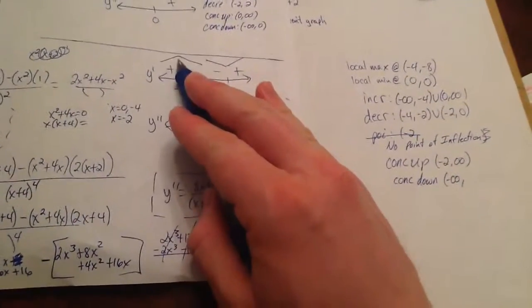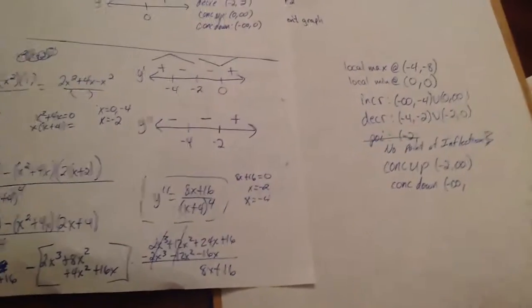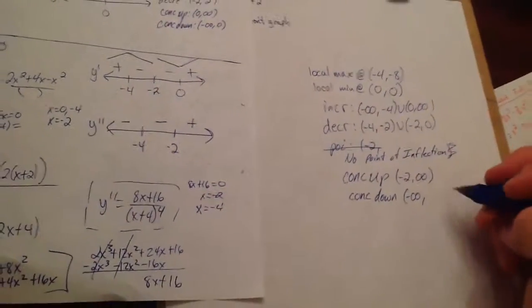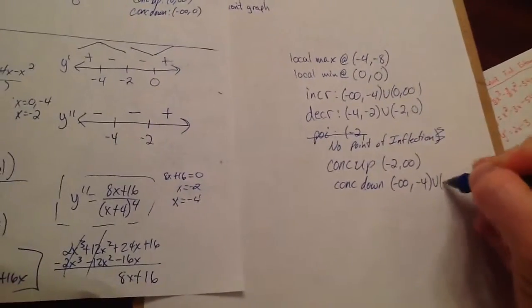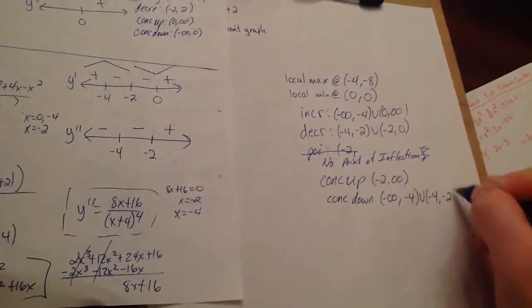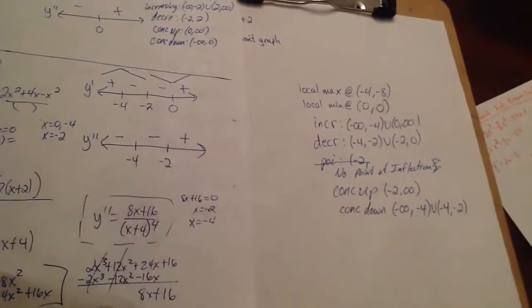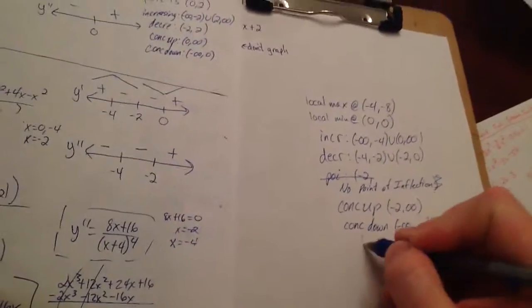Oh, there's a flat spot there. Okay, I see. So technically, yeah, I don't know. Let's go like this. So -infinity to -4 and -4 to -2. So there's all the questions if you wanted to know what it looks like when you graph it.